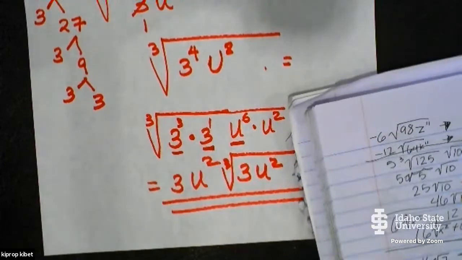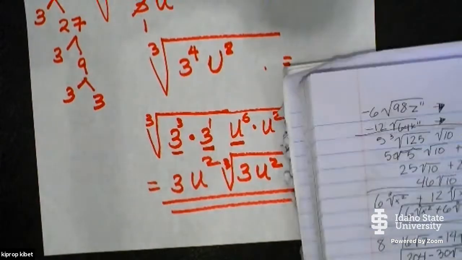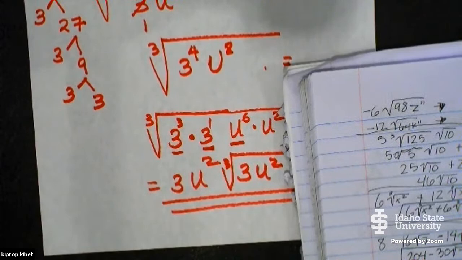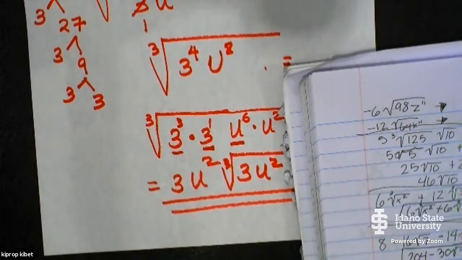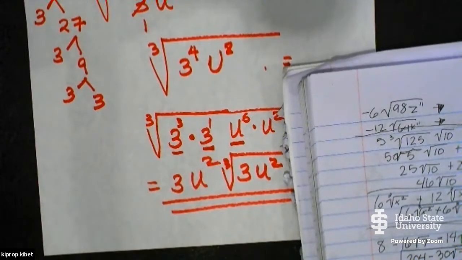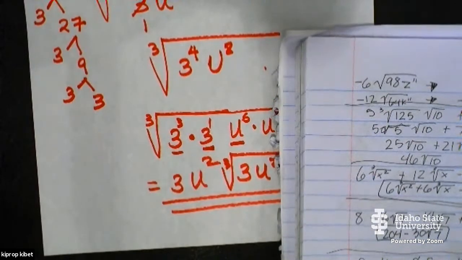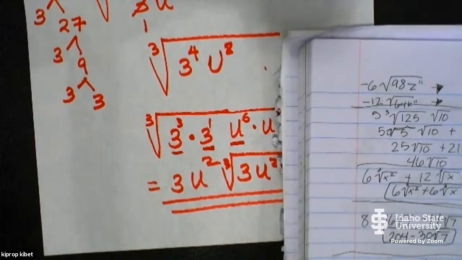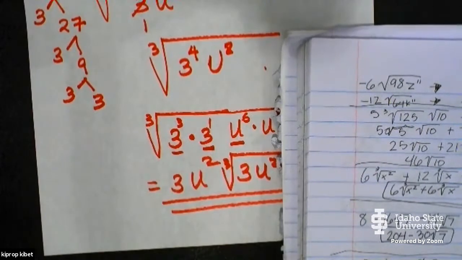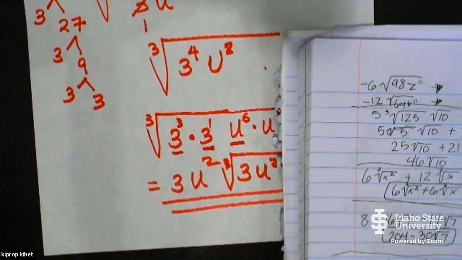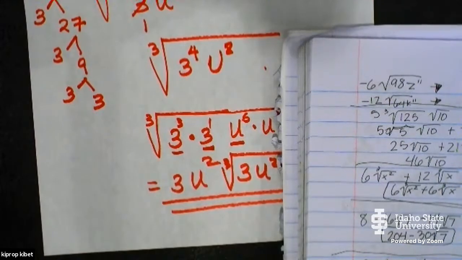So like, if you simplify all the way down, it's the cube root of 3 cubed times 3 times u to the 8th, then u to the 8th comes out perfectly as u squared, and then these 3's cancel, so it's 3u squared times the cube root of 3.